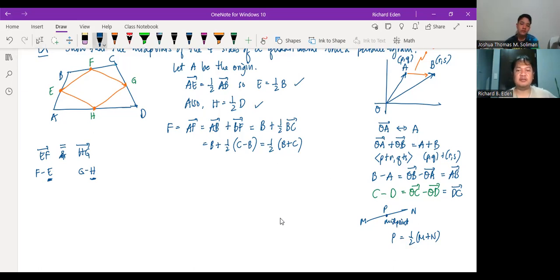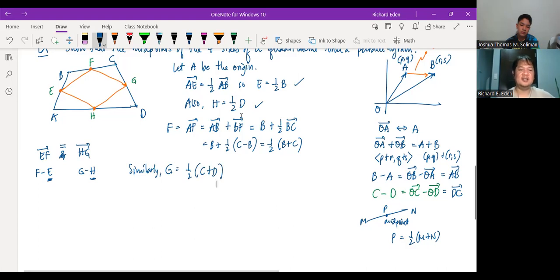So F is half of B plus C, and so likewise, G is, similarly, half of C plus D, because it's the midpoint of C and D.